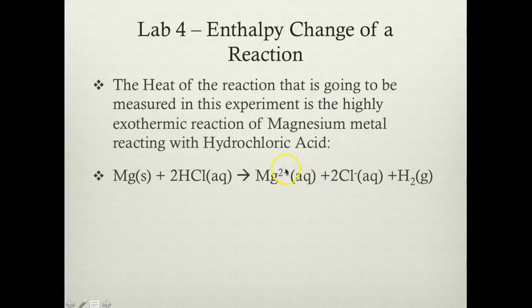When you have aq next to the symbol of a substance, it means dissolved in water. And then that hydrogen comes out as a gas. So visually, if you could see this reaction, you would see bubbles of the hydrogen gas being generated, and g stands for gas.